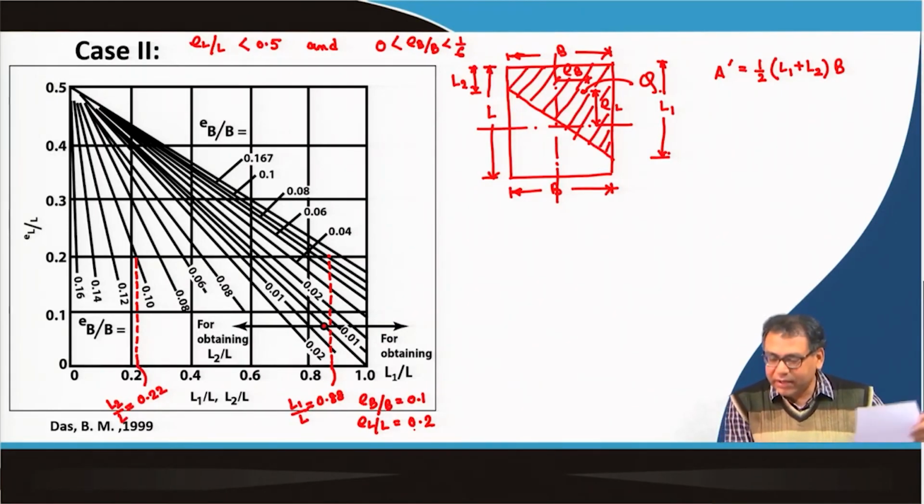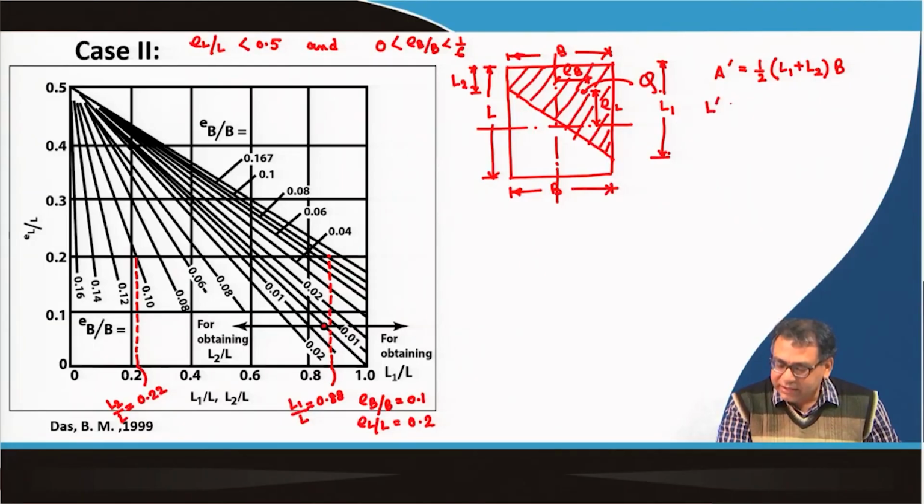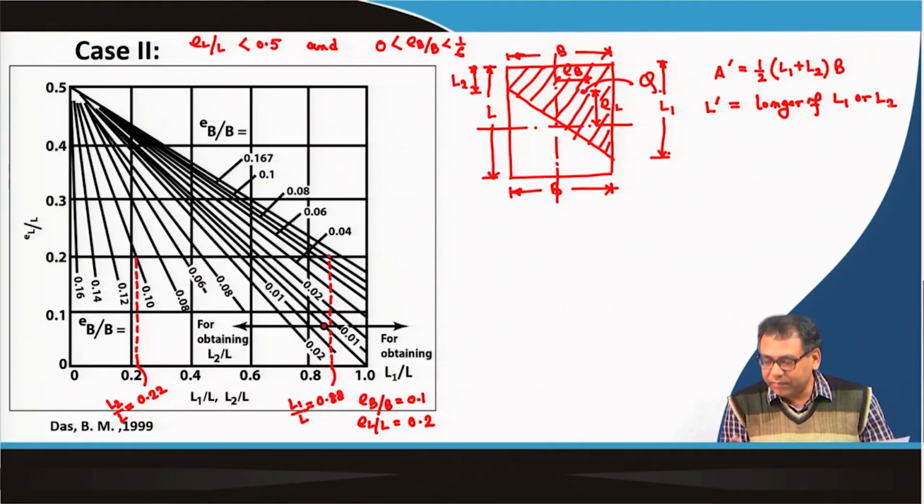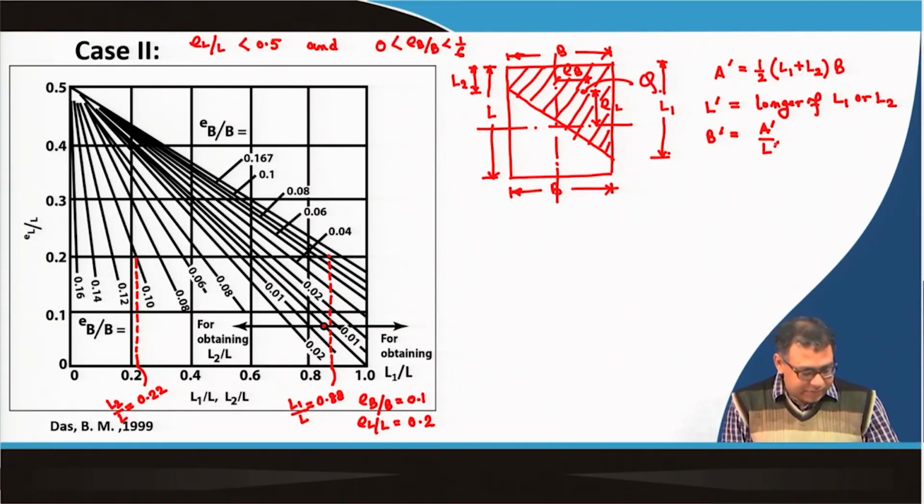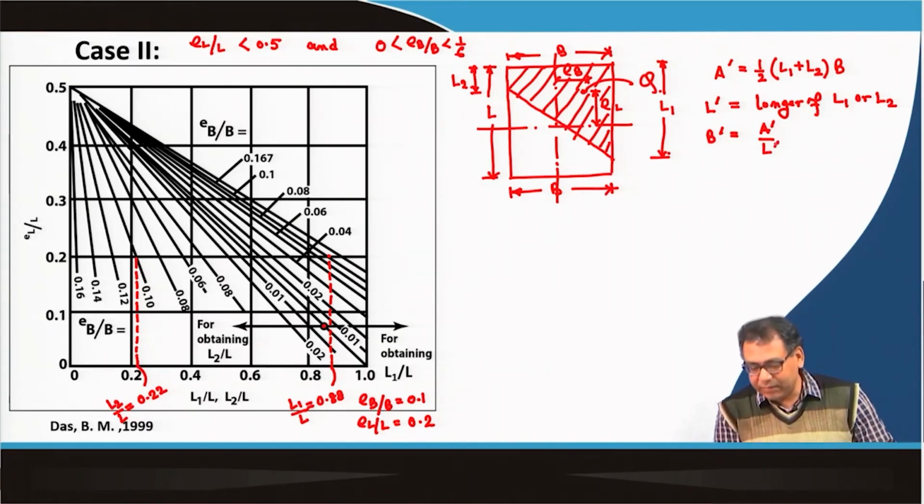Then the L dash is equal to the longer of L 1 or L 2, that is, the longer value between L 1 and L 2 is considered as L dash, and B dash will be equal to A dash by L dash. This way I can calculate the effective area, effective length and effective width of the foundation.